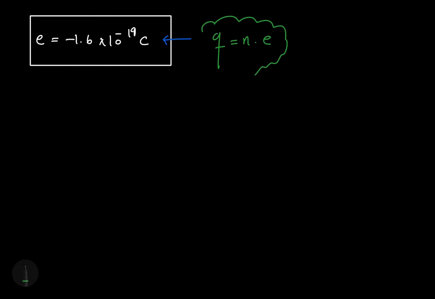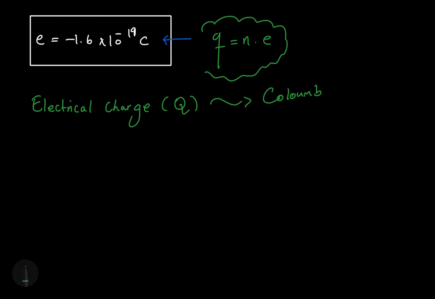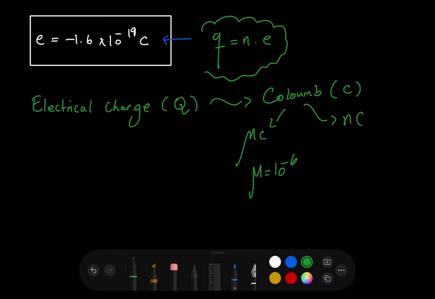So Q, which is the electrical charge, is denoted by the letter Q, and it is measured in the unit coulomb, which is sometimes denoted with C. Now we usually have units that are way smaller than coulombs, like microcoulombs, where micro means 10 to the power of negative 6, or nanocoulombs, so nC, where nano stands for 10 to the power of negative 9.